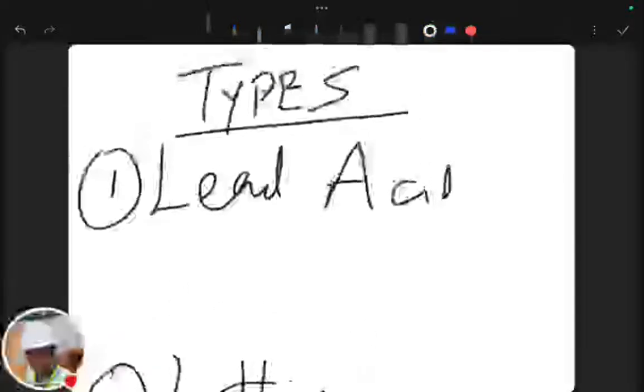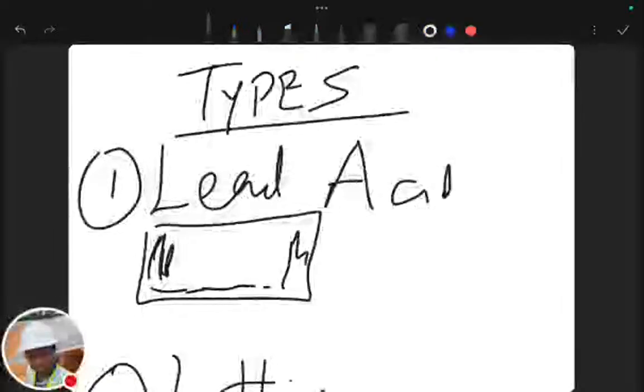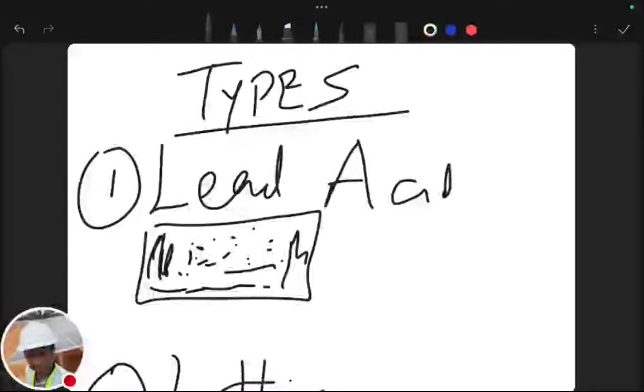The lead acid battery works by storing charge on a lead plate. So if this is a battery, there will be lead plates all around the battery that store the charge, and it will always have an electrolyte, but that electrolyte can be liquid or gel. That is why we have two main types of lead acid battery.